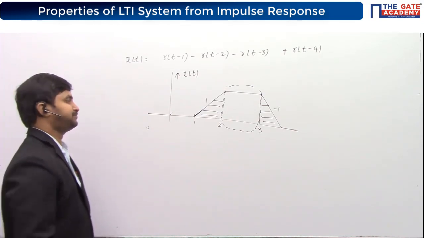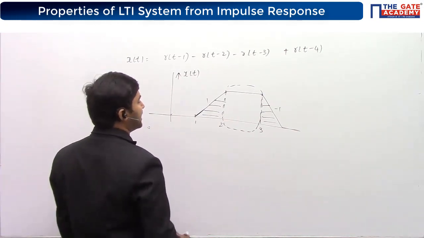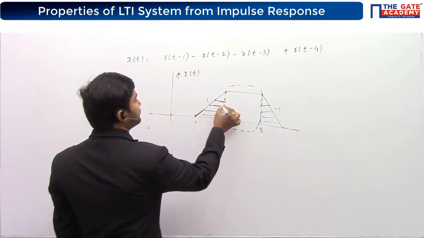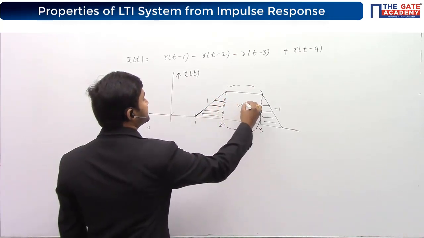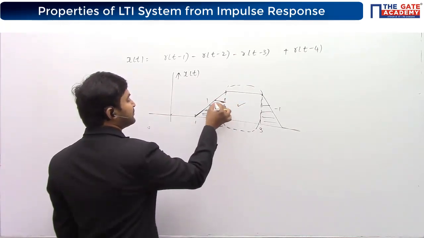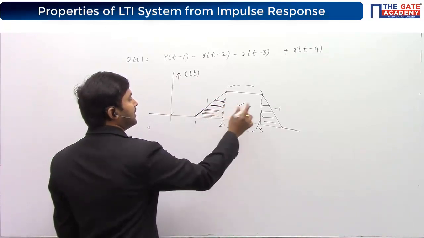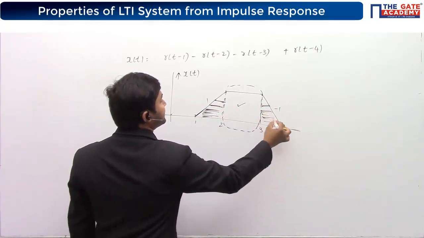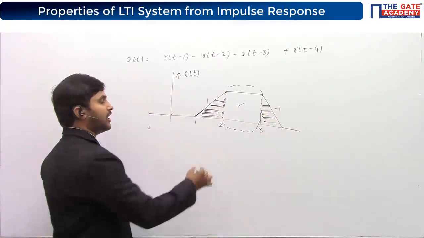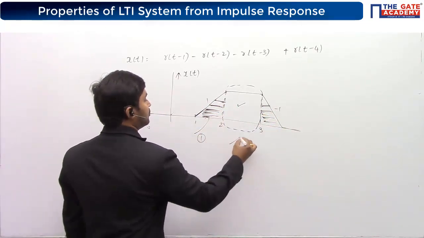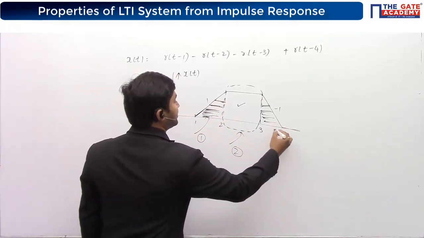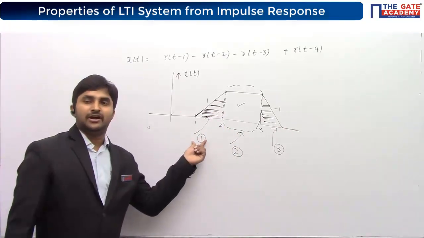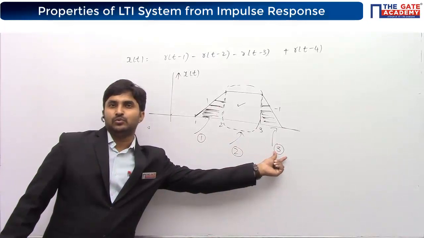Okay. So what I will do is find the energy of this particular part. Finding the energy of this part is very simple. It's very clear that the energy of this part and the energy of this part is the same. If I consider them as 1, 2 and 3, the energy in 1 and the energy in 3 is the same, yes or no?